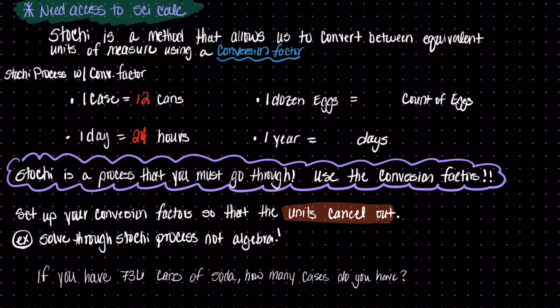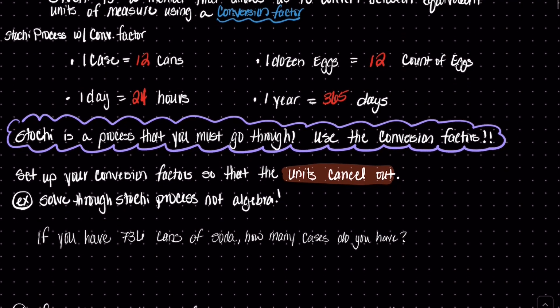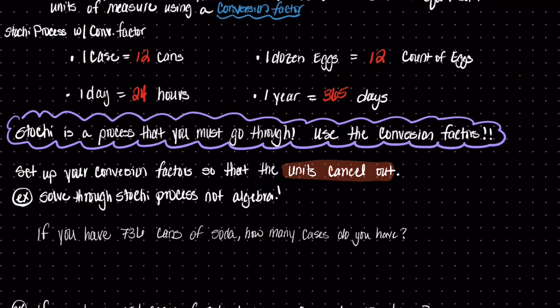And if mom tells you to grab a dozen eggs, she's expecting you to bring home 12 eggs. And if you have all year to save up for your car, you have 365 days. Capiche? Those are the ideas of conversion factors.